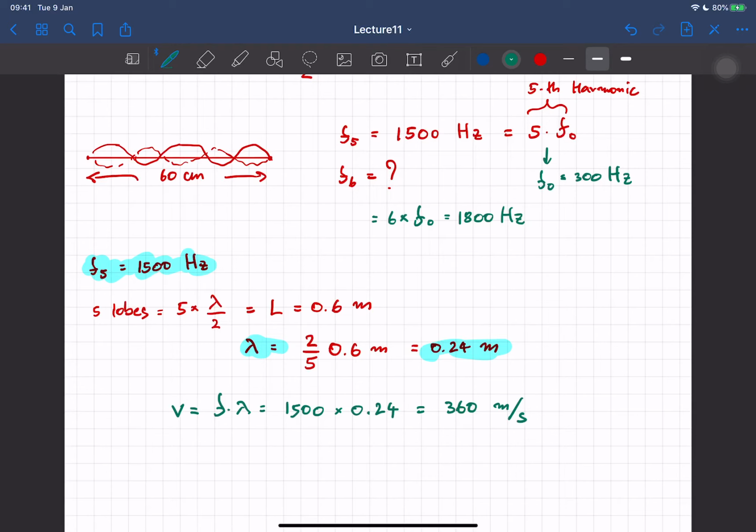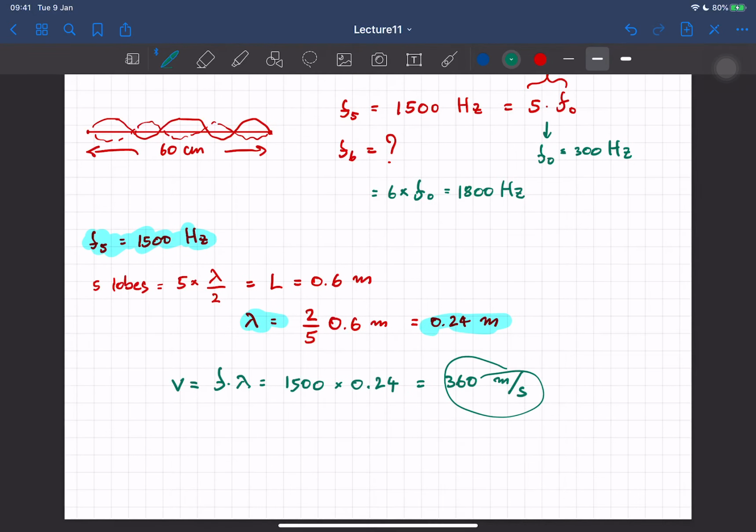Okay, that's something that we have here. This is the speed of the wave in the string. Try not to be confused with the sound wave velocity. They are two different things.